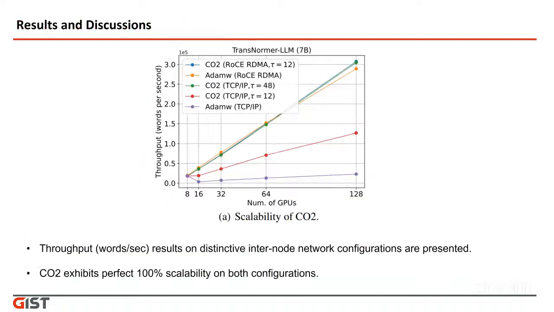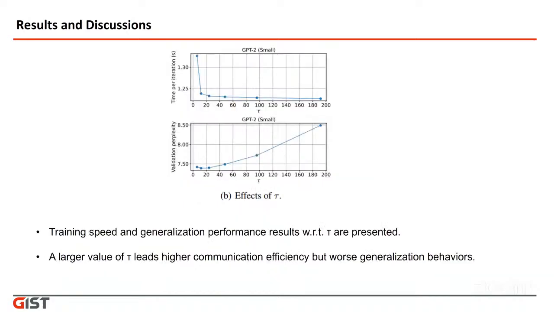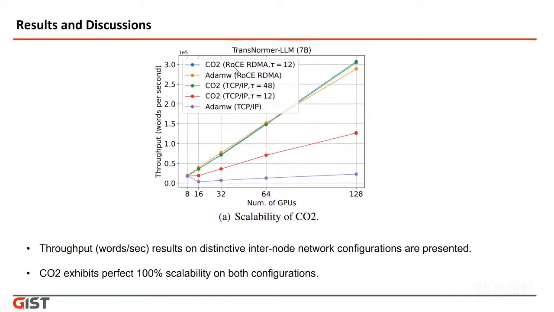And they achieve very improved performance based on their proposed solution. This is the result of the throughput based on different internode network configurations such as TCP and RDMA. RDMA is a high speed interconnect, and TCP is a limited bandwidth interconnect.